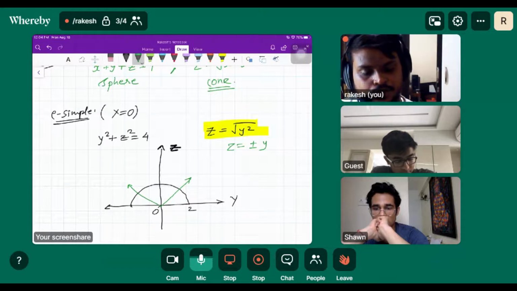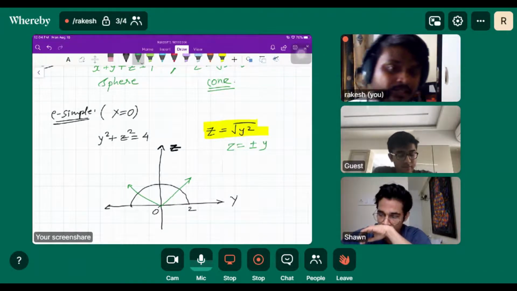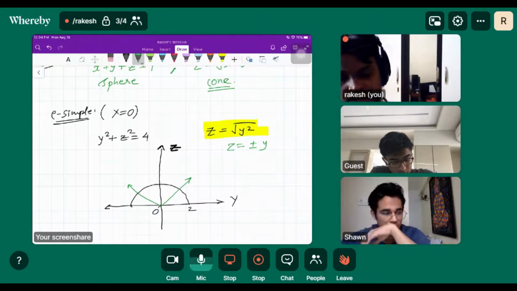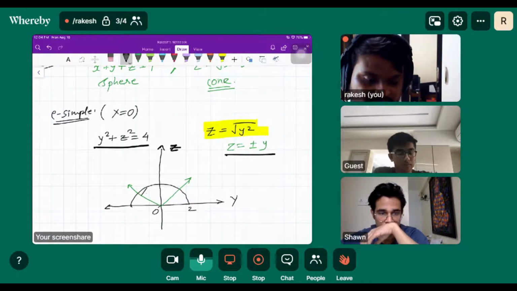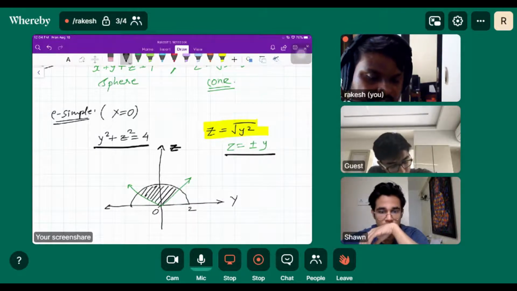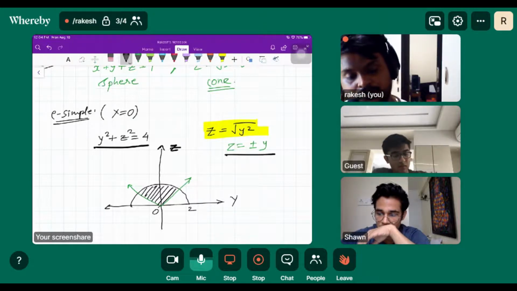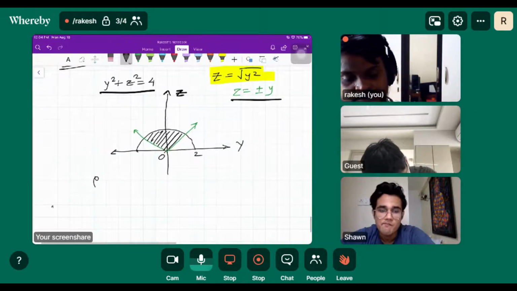Are you getting that? Basically, yeah. So now, what is the region bound by this circle, or we can say sphere, and this cone? What is the region bound by this circle and this equation? That's this, right? So this will definitely give us the idea of rho simple as well as phi simple.